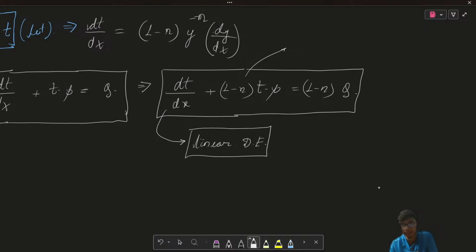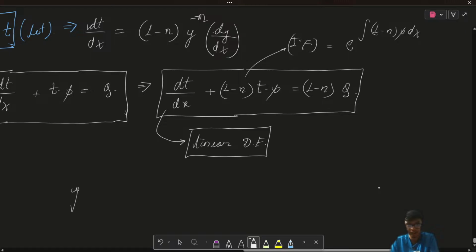So over here my integrating factor is e to the power integration of (1 minus n) times p dx, right? And therefore our general solution will be, sorry, now it is not in terms of y. Please note that we have already done a substitution.